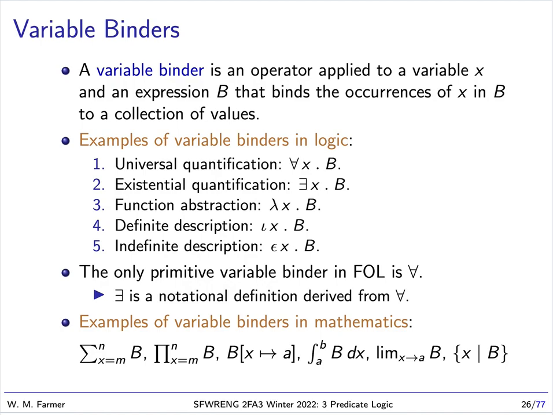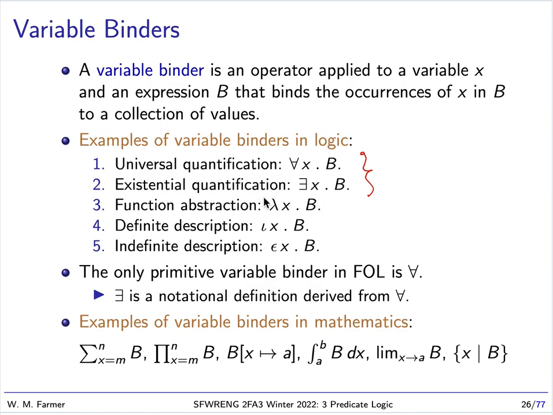Now there are various kinds of examples of variable binders in logic. We're going to be interested in this group two here: universal quantification and existential quantification. But there are other variable binders in logic. For instance, there are lambda expressions, or we can also say function abstraction.